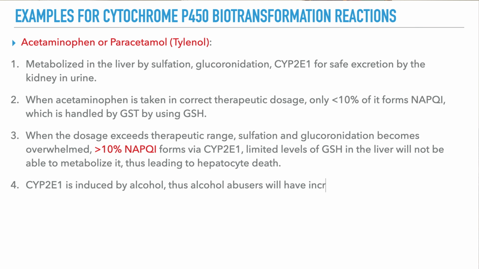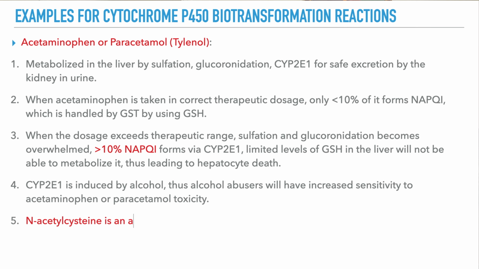When the dosage exceeds the therapeutic range, sulfation and glucuronidation become overwhelmed, and that means more than 10% of NAPQI is made, which is formed by the CYP2E1 enzyme, and the limited availability of GSH can impair GST activity, thereby building up more and more NAPQI that can lead to hepatocyte death.